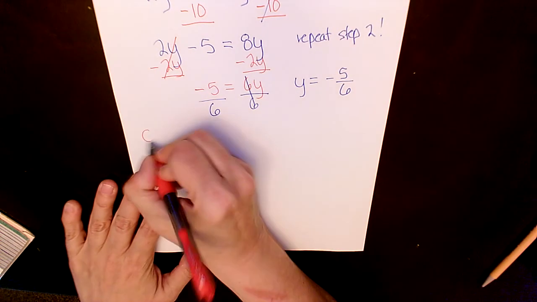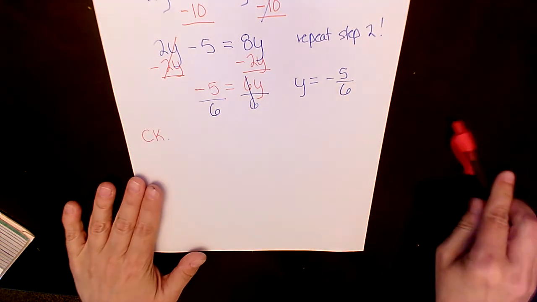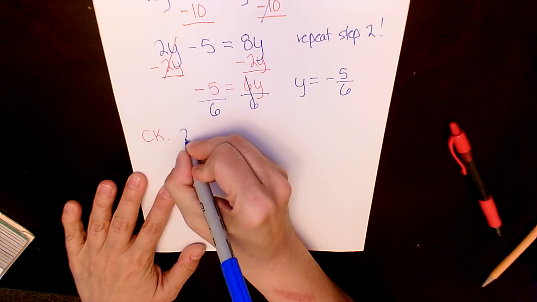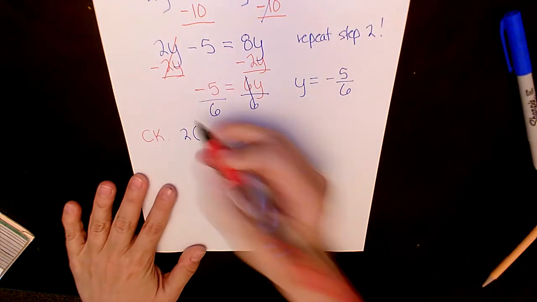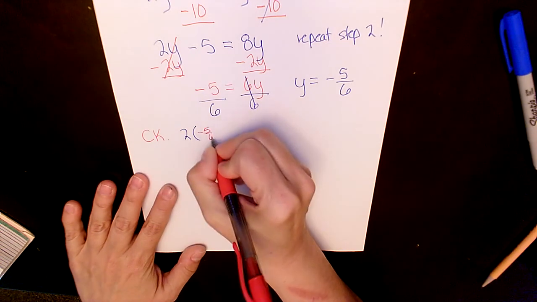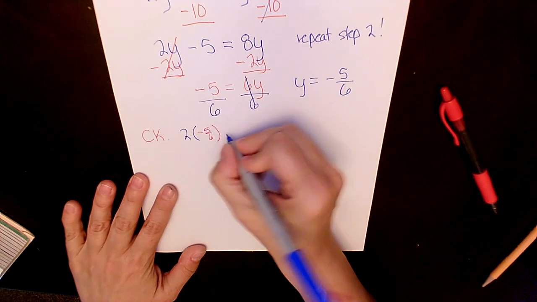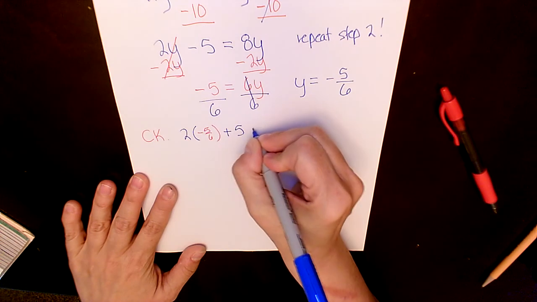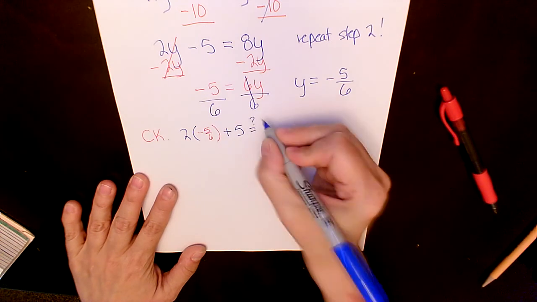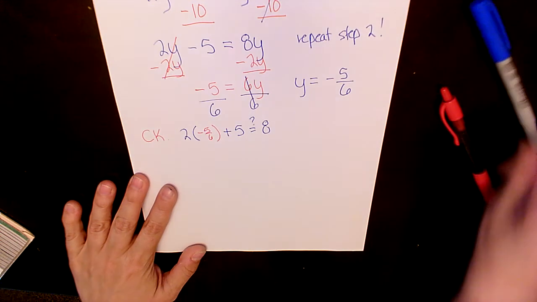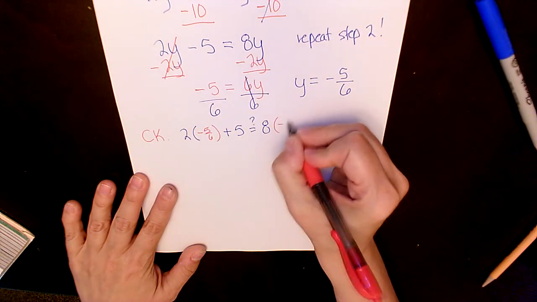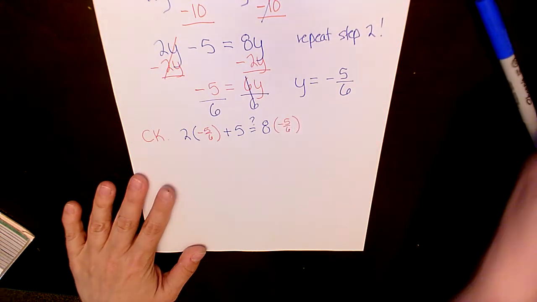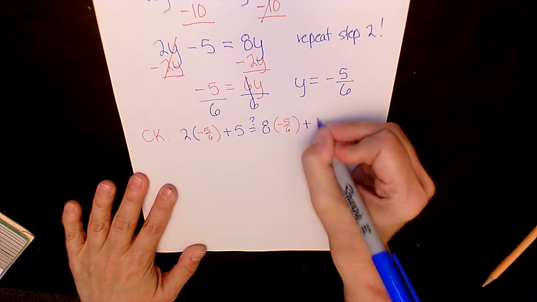Since that is a fraction, let's do a check. Let's see. 2 times negative 5 over 6, let's see if that gives me 8 times negative 5 over 6 plus 10.